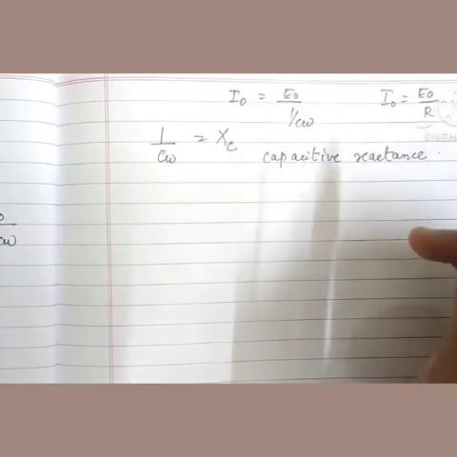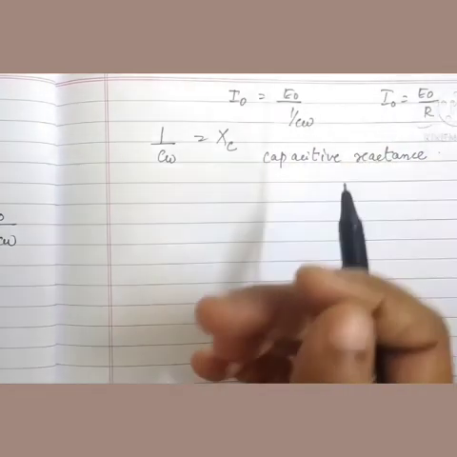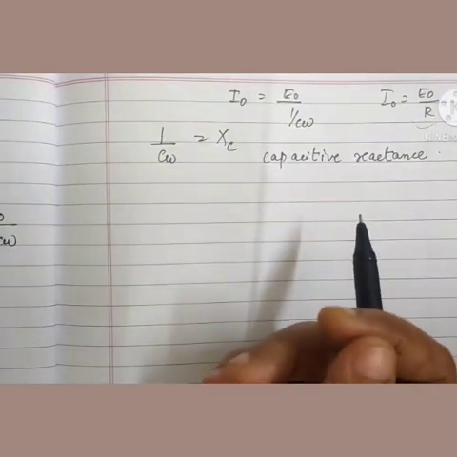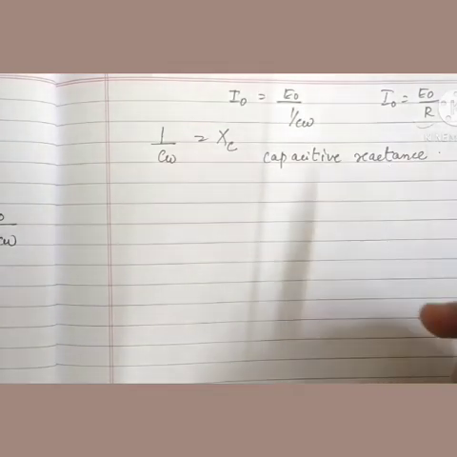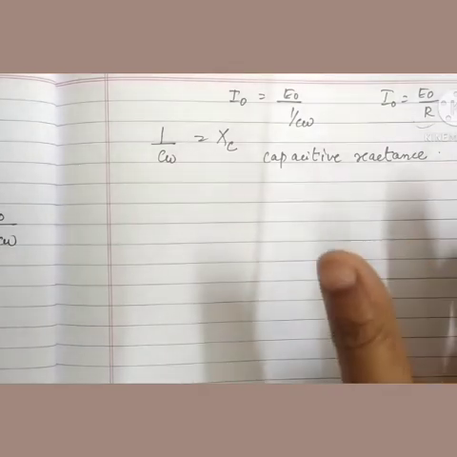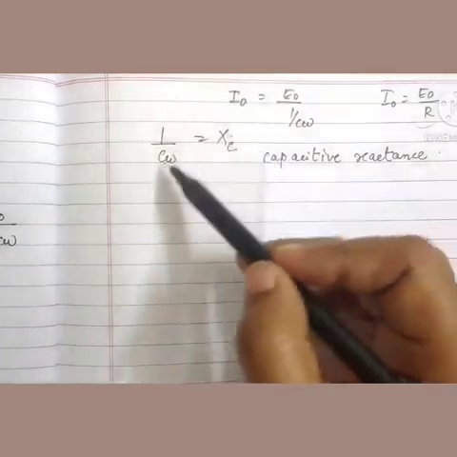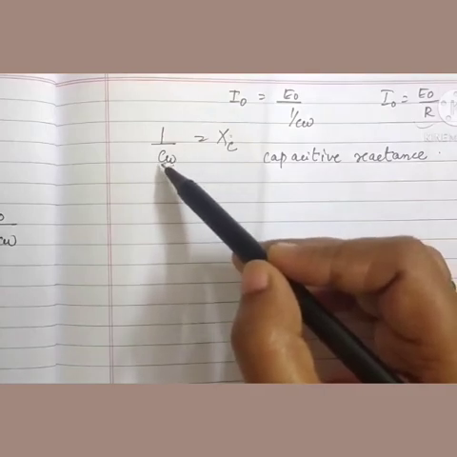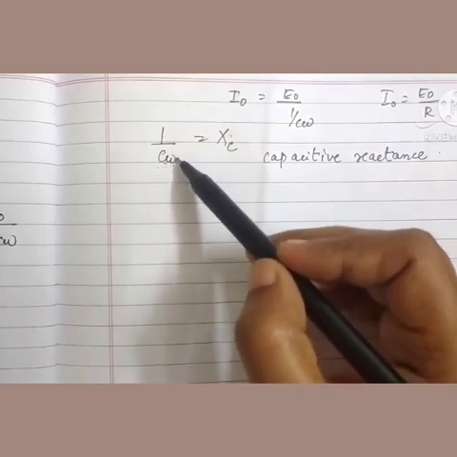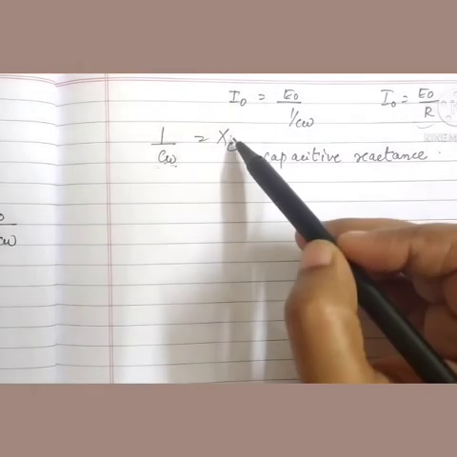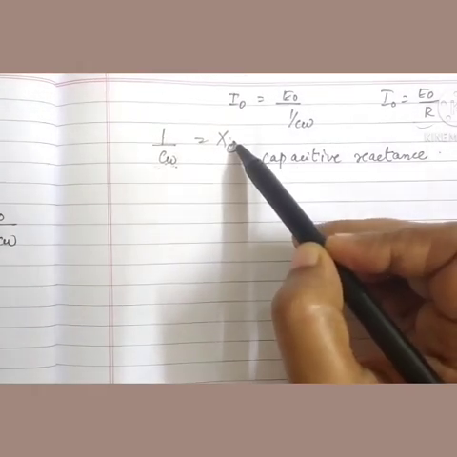The capacitive reactance limits the amplitude of the current in a purely capacitive circuit in the same way as the resistance limits the current in a purely resistive circuit. And in this you can see that it is inversely proportional to the frequency and capacitance. So if frequency of AC increases, this capacitive reactance decreases.